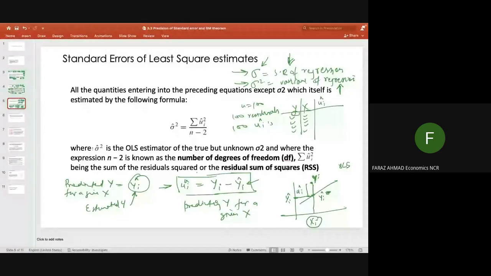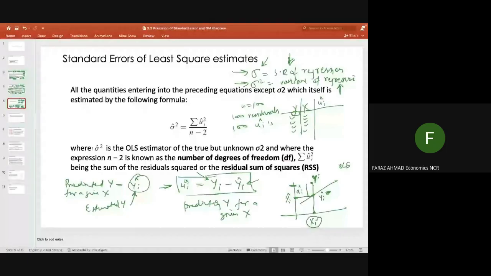So what does this residual stand for? It stands for the difference between what you have predicted and what the actual y is. If this xi occurs, then yi should be this much, and it's given in the sample.